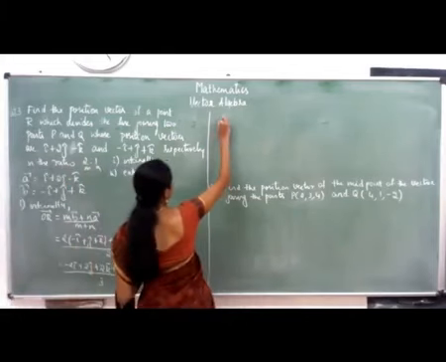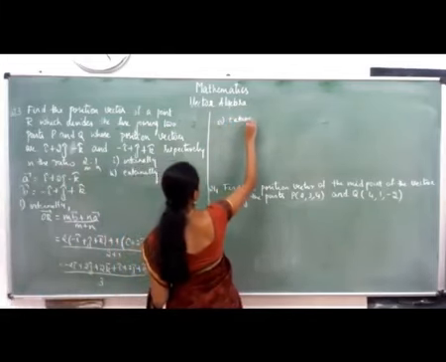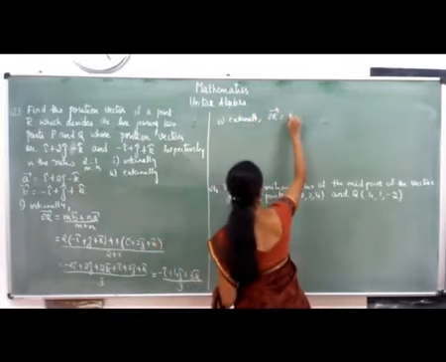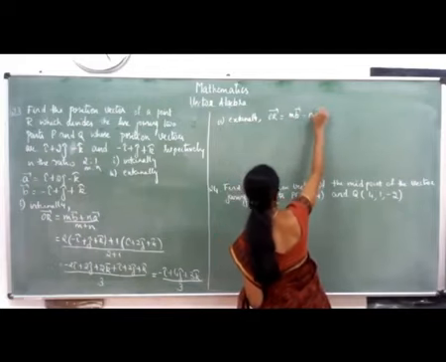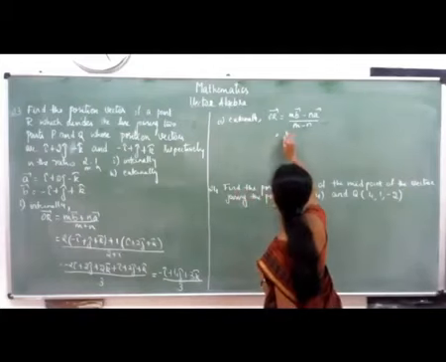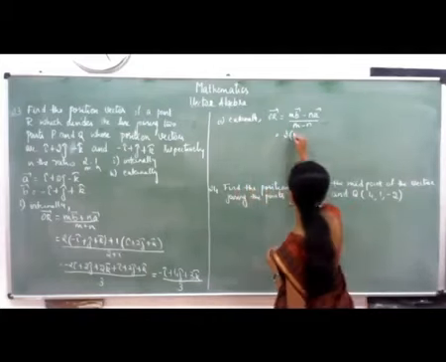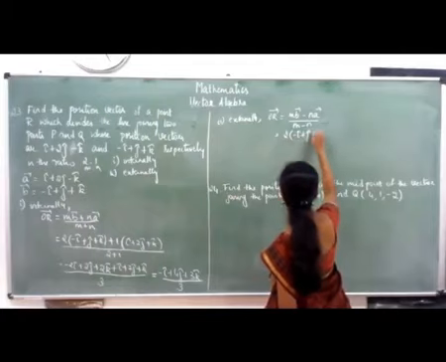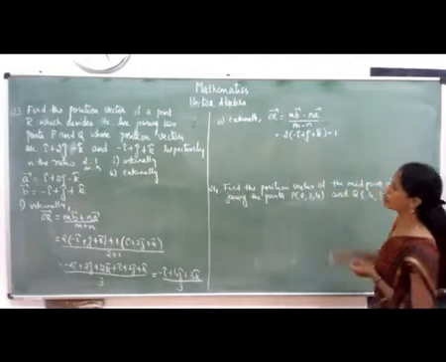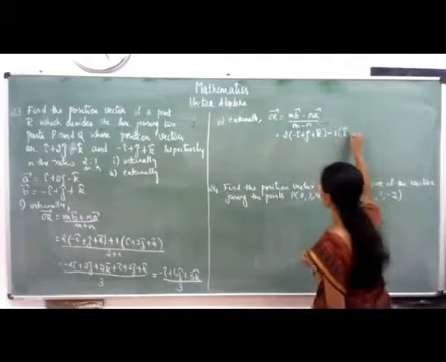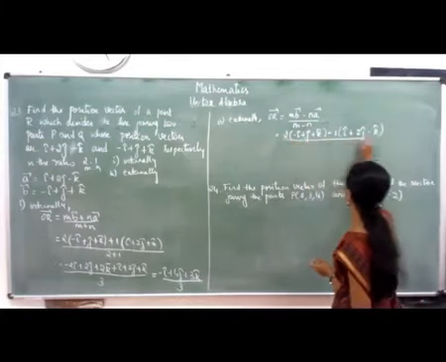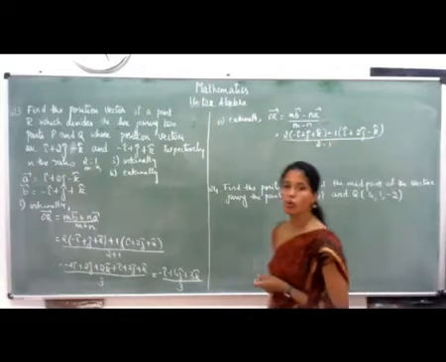So next, the case for external division, we have vector OR equal to (m b bar minus n a bar) by m minus n. So m, which is 2, into vector B, which is minus i cap plus j cap plus k cap, minus 1 into vector A, which is i cap plus 2j cap minus k cap, whole divided by 2 minus 1.